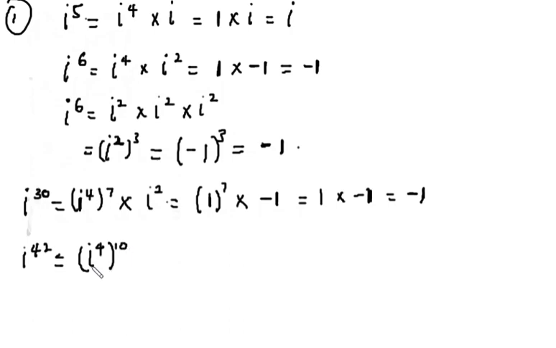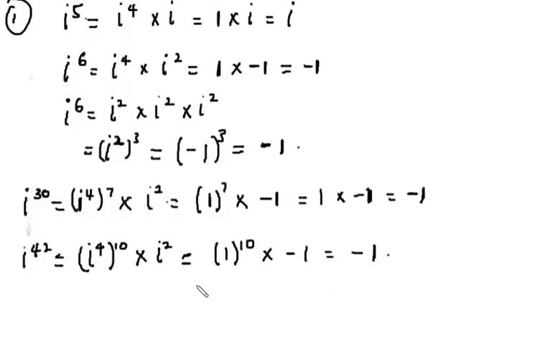So 4 times 10 is 40, and we have 2 remaining, so times i squared. We know that i to the power of 4 is equal to 1, and 1 to the power of 10 is 1, times i squared, which is negative 1. So the answer is minus 1.